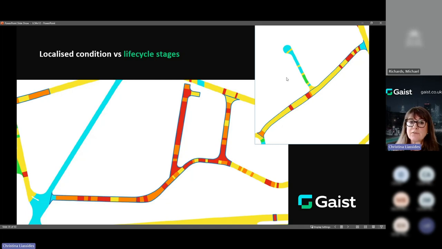And you could say, well, obviously, one of the functions of looking after the highway is to make sure that those very poor areas at some stage get addressed and mended. And that's true. One of the issues, though, with particularly the original HMET life cycle model, which was actually very useful and the first sort of highways model that anybody could use.